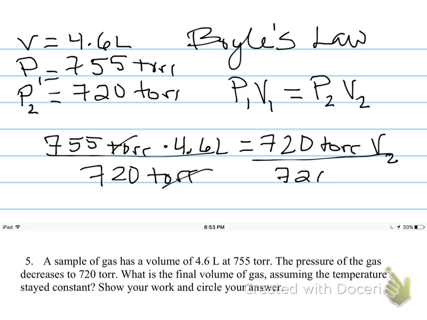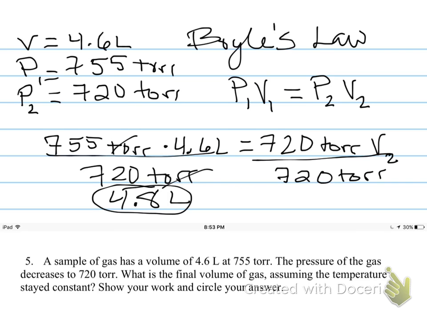And this way we get V2 on its own. Okay, so the answer is going to be in liters, which is perfect. That's what I want. So V2 is going to be 4.8236. So I'm just going to keep 2 sig figs because that's what I had from my original volume.